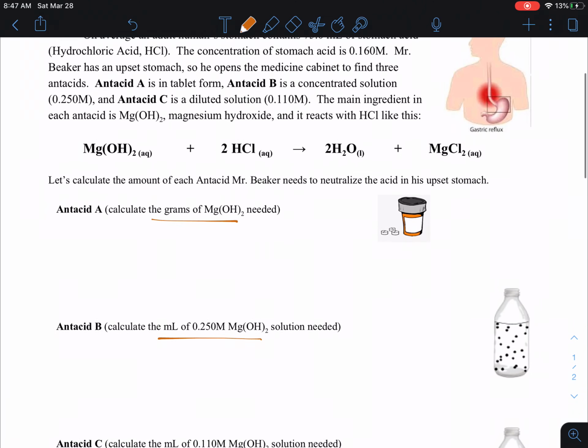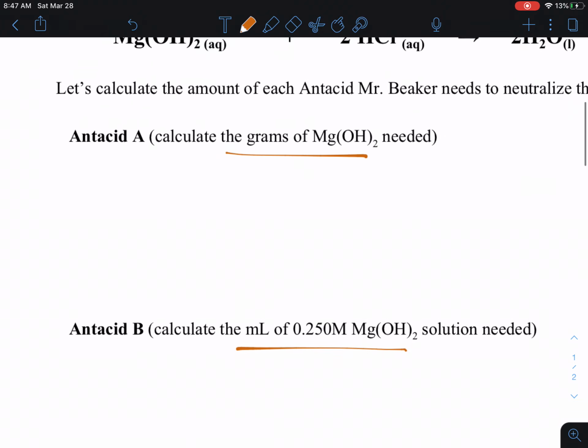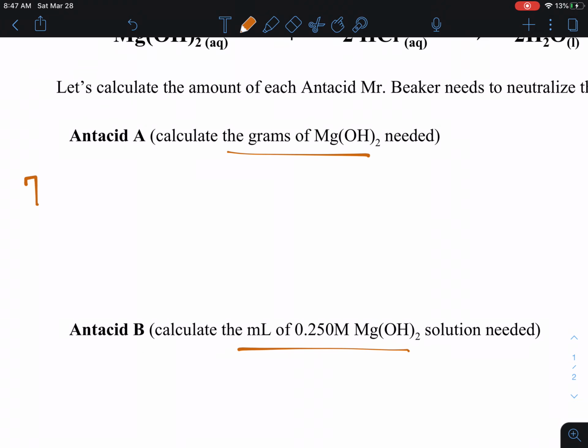One reminder is that when we do these calculations, you will never begin your dimensional analysis with molarity. So in each case, we're going to begin with the 75 milliliters of acid in a human stomach. So we'll start off with 75 milliliters of the hydrochloric acid.